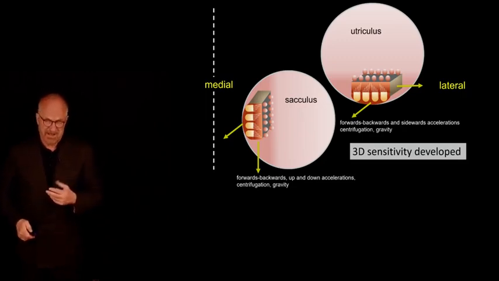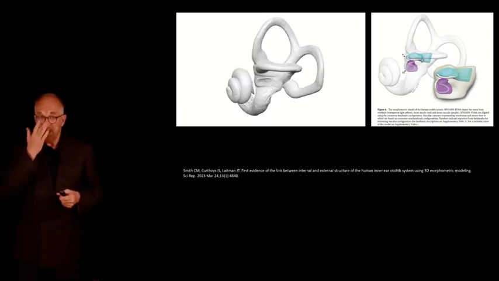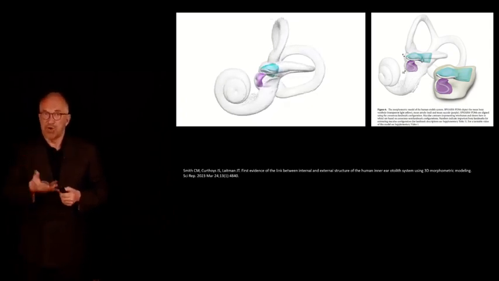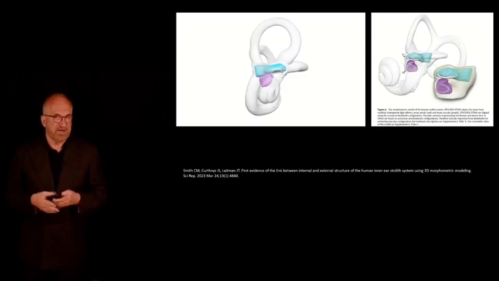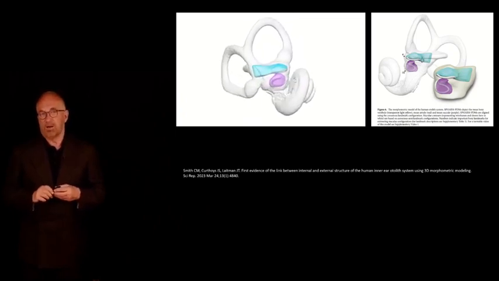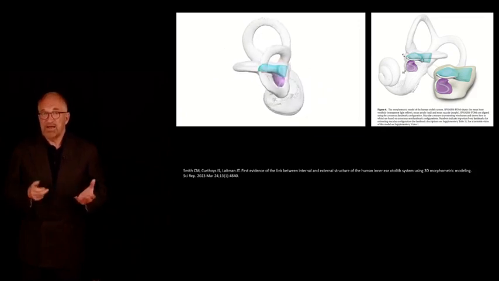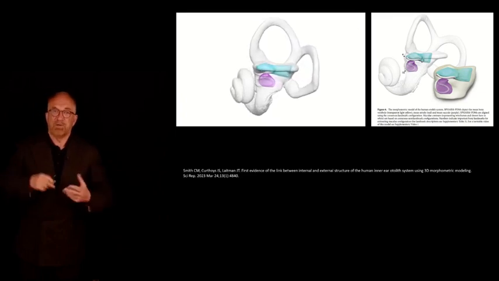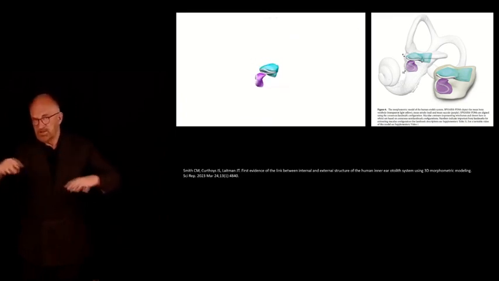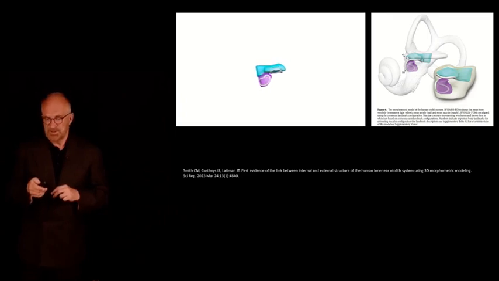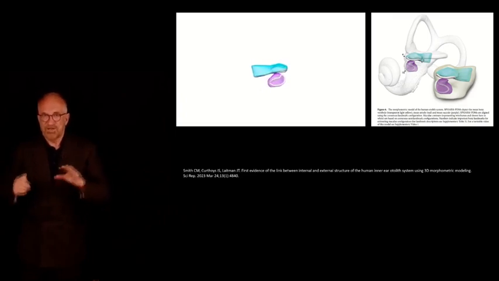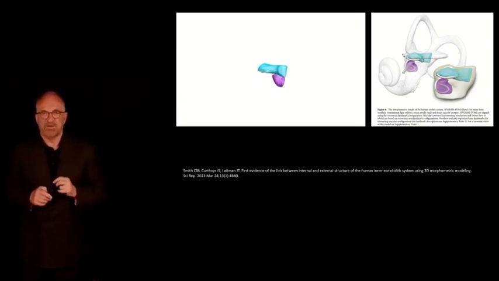In reality, these membranes are not flat, of course, they are curved. As you can see from very nice research from Professor Curthoys from Sydney, it is a three-dimensional structure, but a little bit more complex than in this two-dimensional representation. So the hair cells are distributed with some overlap in direction sensitivity.